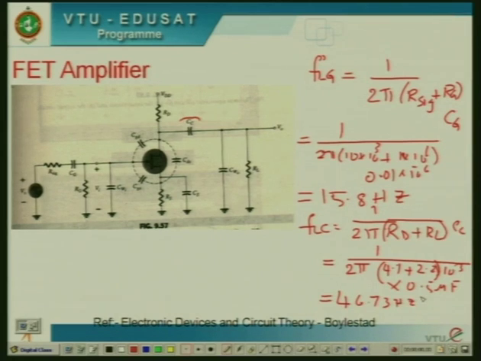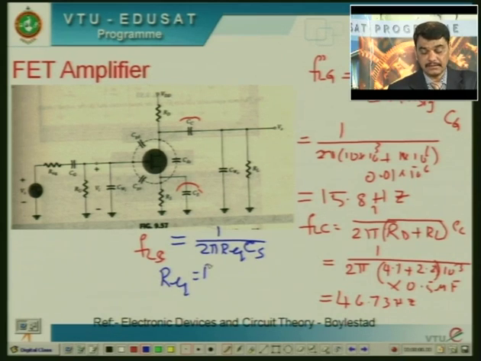Okay. And also the gain of the amplifier varies due to the CS. Then the cutoff frequency due to CS is given by 1 divided by 2 pi R equivalent into CS, where R equivalent is, as an approximate expression, the parallel combination of RS in parallel with 1 by gm.